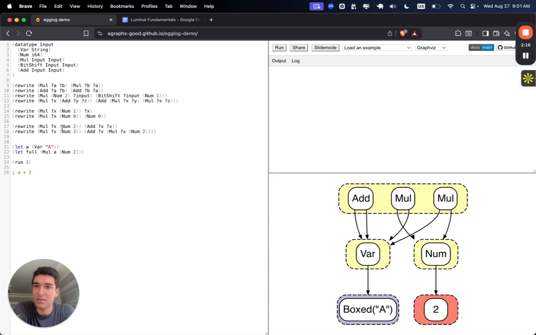It saw that any number multiplied by 2, which you can see here is what we gave it, is equivalent to adding that number to itself, which is exactly what our graph represents. It also went through and saw our commutative rule, a times b equals b times a, and so it added that one as well.